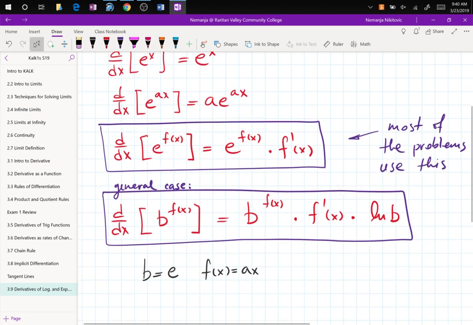So let's try that. Let me move the f of x over here. What happens? Your b is e, your exponent is ax, times the derivative of ax, which is a, and then your ln of e, which is equal to 1. So there's your 1 times a, and you get a e to the x.